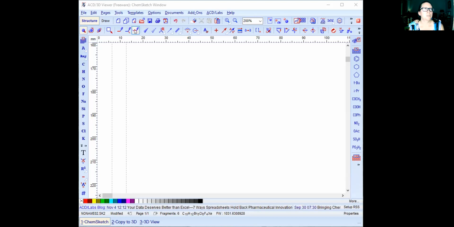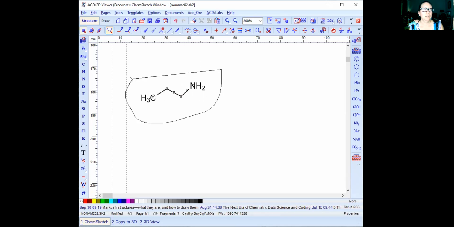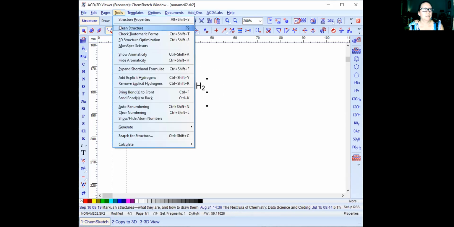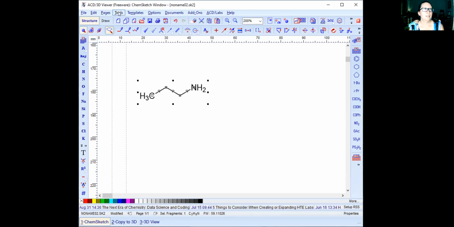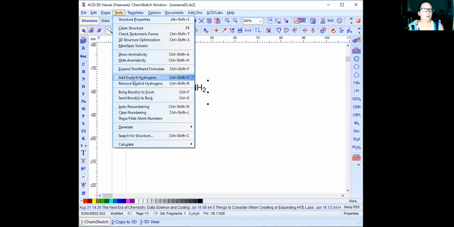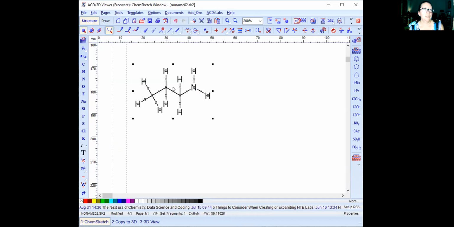There are some nice tools for building hydrocarbon chains. And then let's stick an amine, just one, on the end of the molecule. Let's go ahead and clean it up. Let's show all of the hydrogens, and also show all of the carbons.